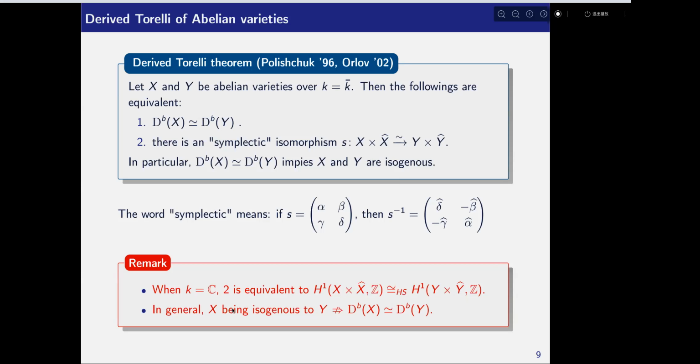But in general, x being isogenous to y doesn't necessarily imply that these two are derived equivalent. So one may wonder: what if we add twisted derived equivalence? Is x being isogenous to y equivalent to twisted derived equivalence?